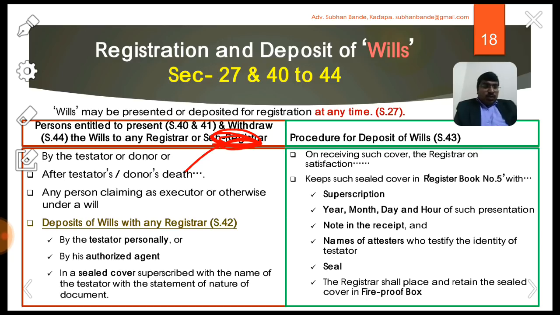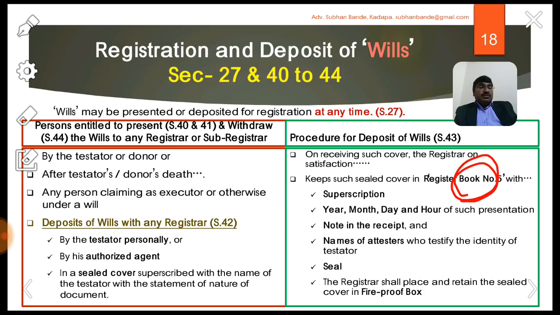Next, the procedure for deposit of wills is specified under section 43. On receiving such cover, if the registrar is satisfied of the identity of the testator or his agent, the registrar keeps such sealed cover in book number 5.